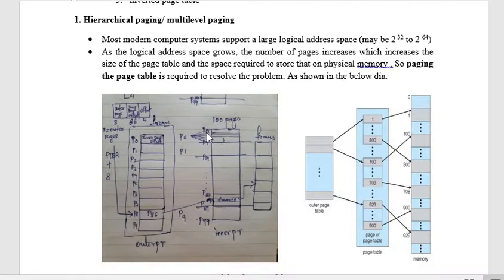Here you can see the first 10 pages have been divided into one page, I mean the smaller table, and that smaller page table is represented with P0. So P0 is the first page, and it represents all 10 pages within it.